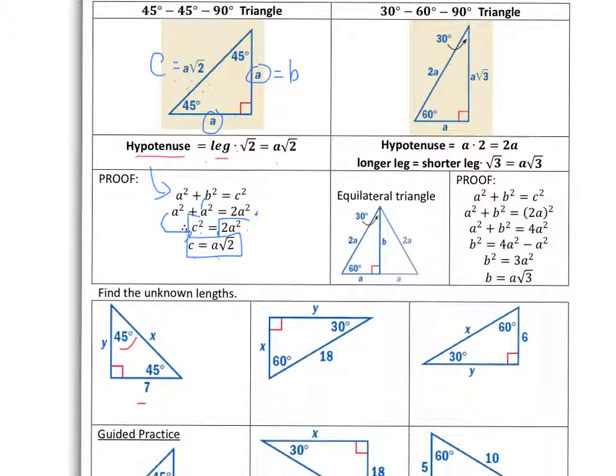I know that this is a 45-45-90 degree triangle, so y also has to be 7, and x will simply be 7 times square root of 2. Okay, remember, this is a, you multiply by the square root of 2.